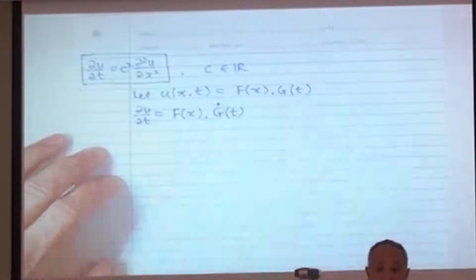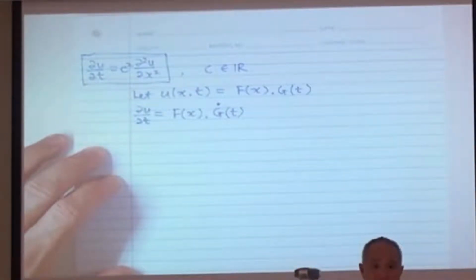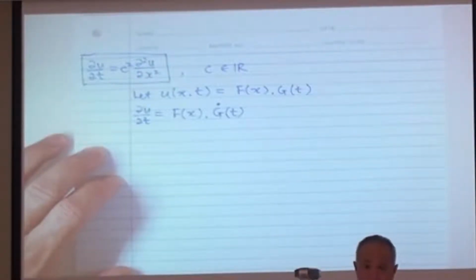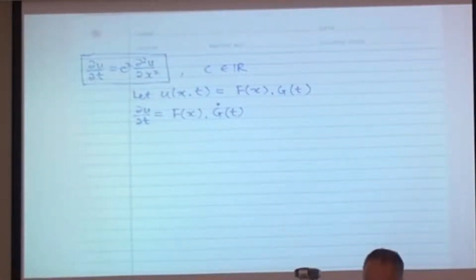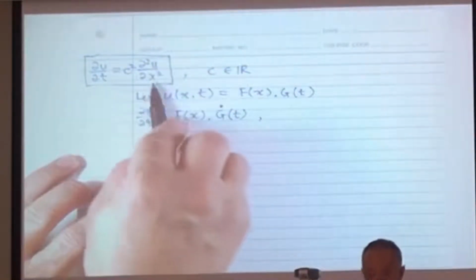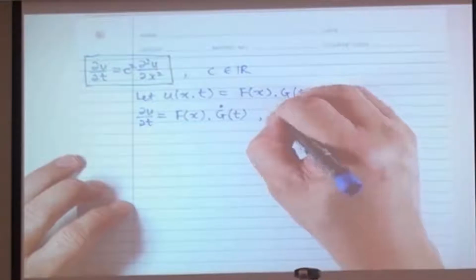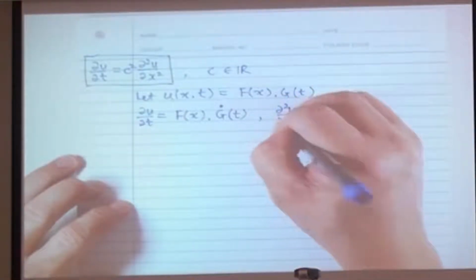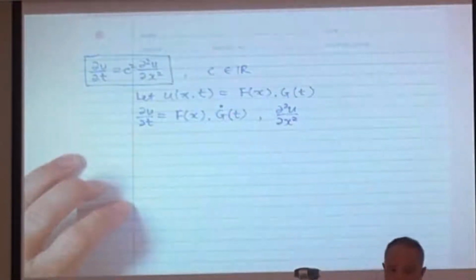G double dot will be d2g/dt squared. So the dot is derivative with respect to t. And because I need d2u/dx squared, I will have to differentiate u with respect to x twice.